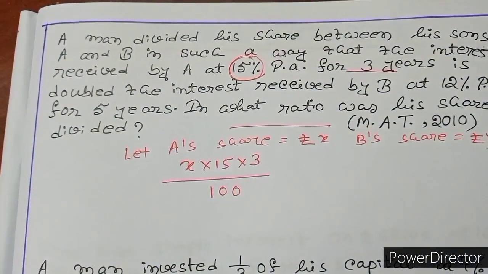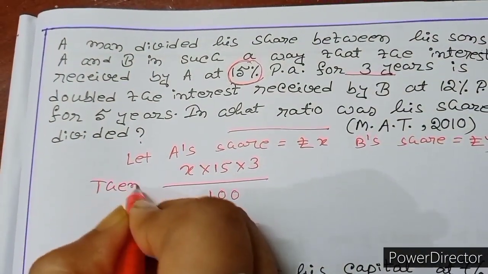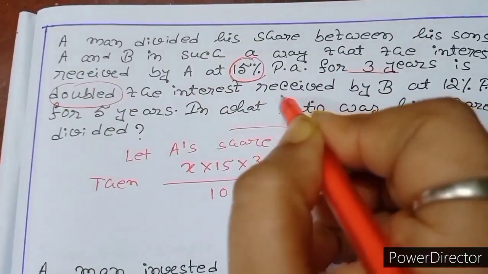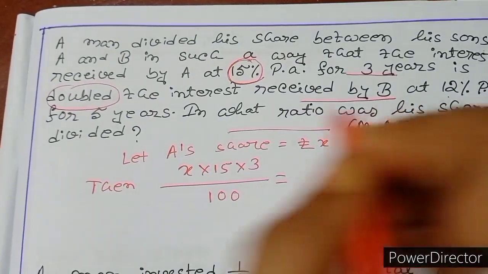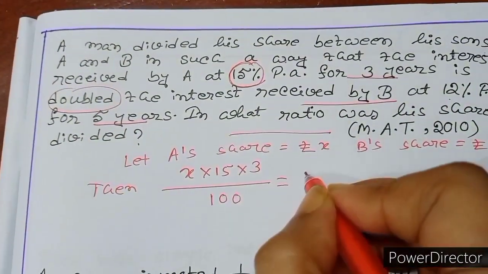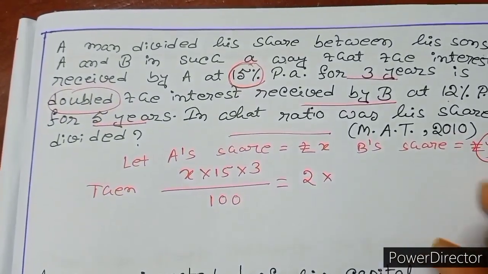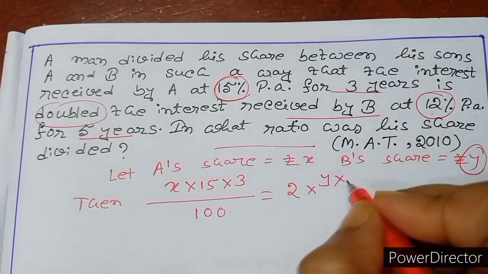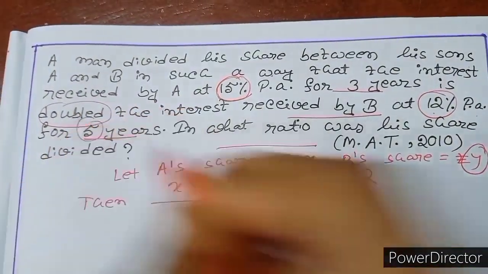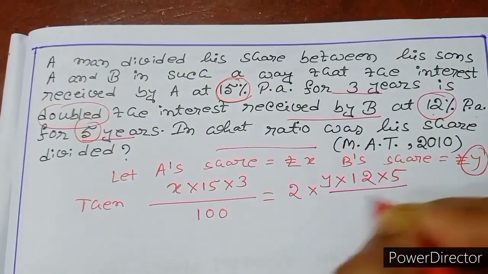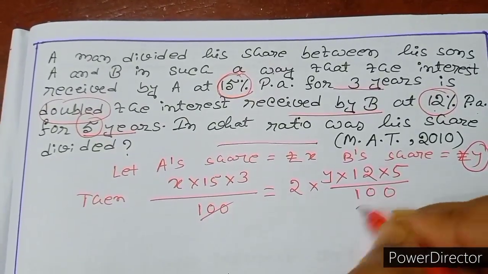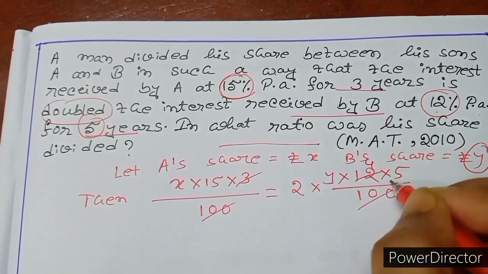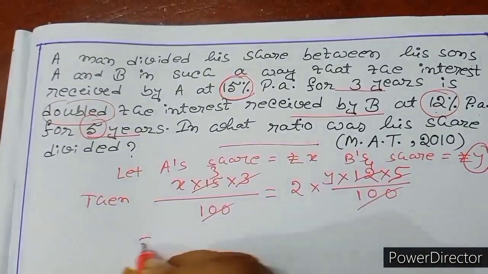We know the formula PRT by 100 equal to double the interest received by B at 12% per annum for 5 years, means 2 into B's principal amount Y. So Y, rate of interest 12, time 5 years, into 5 by 100. 100 cancels out. 4 5 3.